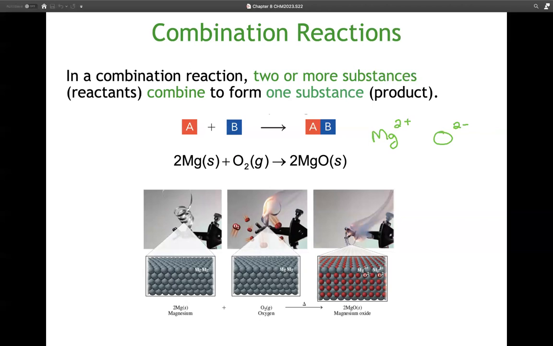And if you recall, in our last lecture, we talked about balancing chemical reactions. Because magnesium oxide is 1 magnesium per 1 oxygen, if we think of its empirical formula, to balance out the oxygens, we need to place a 2 right here, which means we need to place a 2 right here. And those are the coefficients.